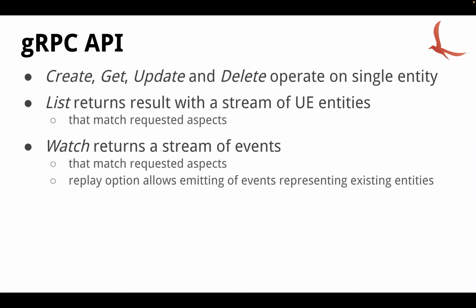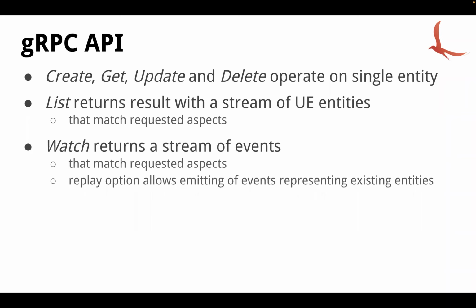So just like with the topology API, the create, get, update, delete operate on a single UE entity. List returns a stream. Now, for the stream there's no filtering mechanism, but instead there's really only one dimension to the filter, saying the aspects that you're interested in. So really the unit of update and also the unit of retrieval is an aspect.